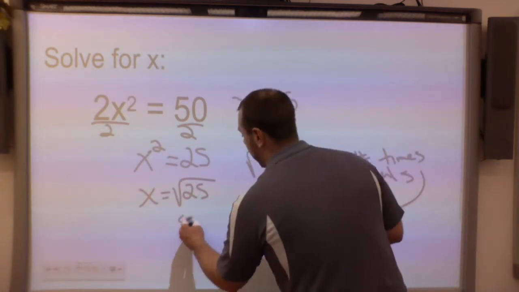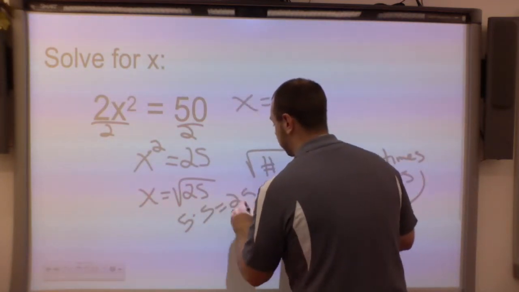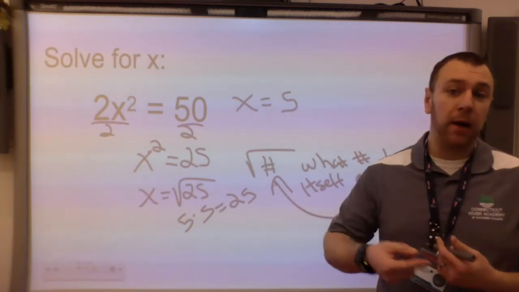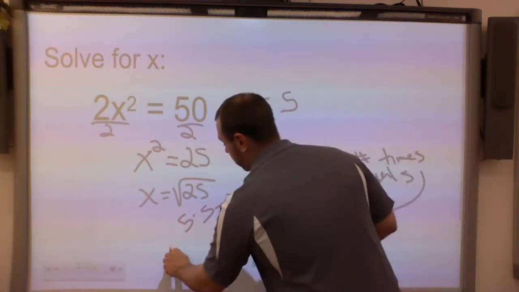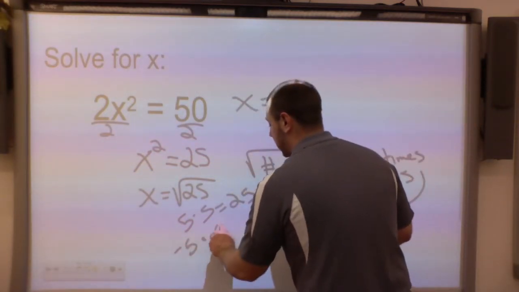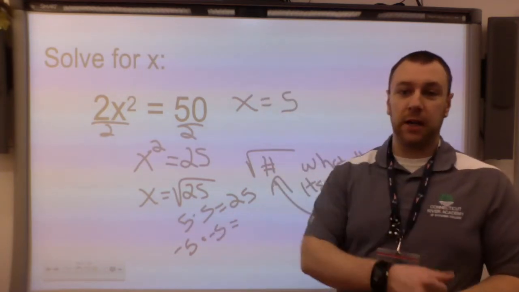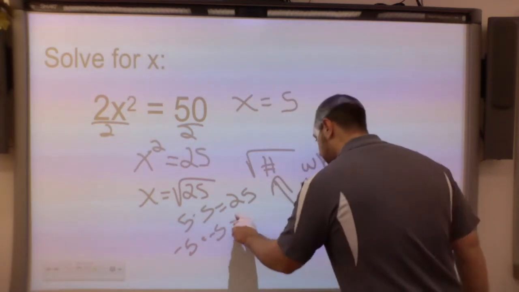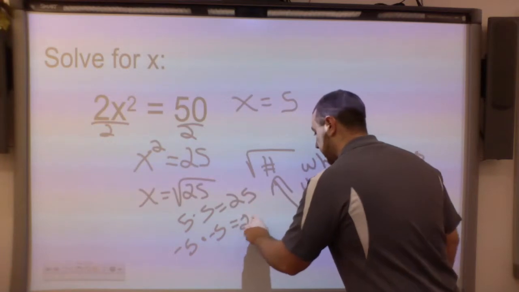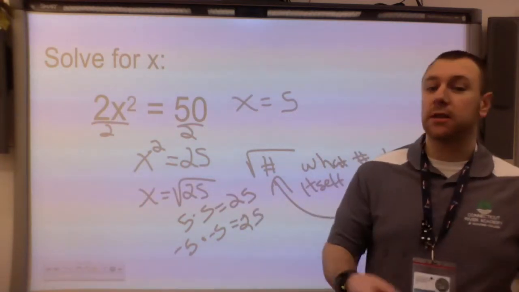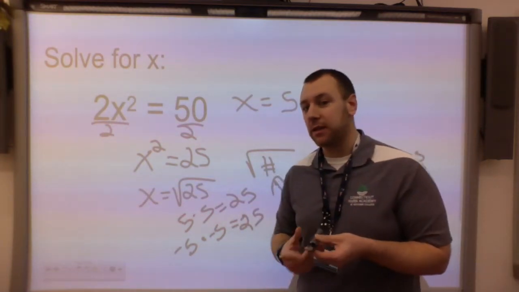Yes, 5 times 5 is 25, but we also have to account for negative 5 times negative 5, because a negative times a negative is a positive. So that is also 25. So there are two answers, and that's the big key with this.